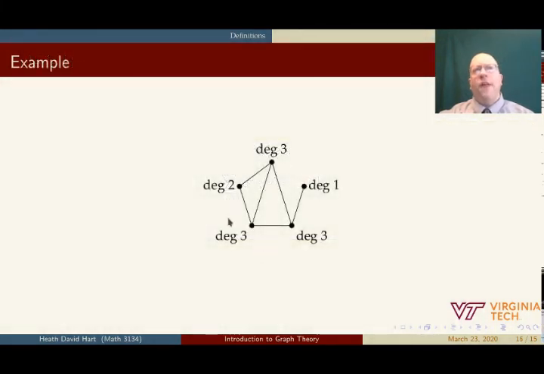We've seen this example before. This is a simple graph because there are no loops. If I take the sum of the degrees, that's 3 plus 1 plus 3 plus 3 plus 2.